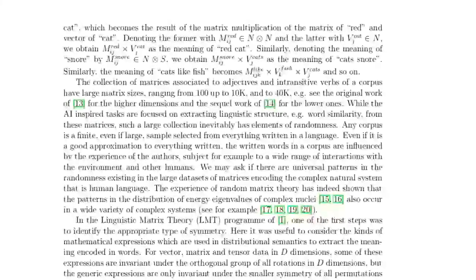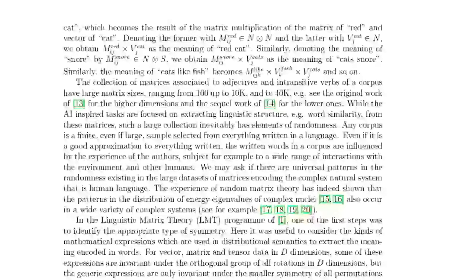Try a different approach. So we've got red cat, which becomes a result of the matrix multiplication of the matrix of red and vector of cat. Okay, so you've got a matrix red, so the matrix operates on a vector space of nouns and gives you back another vector in the space of nouns, and you obtain the matrix of red times the vector for cat as the meaning of red cat.